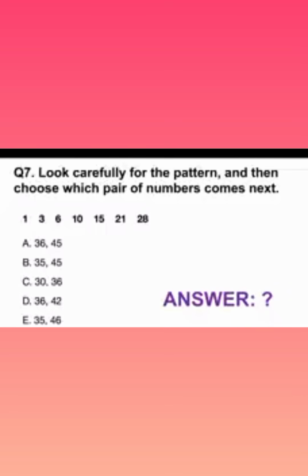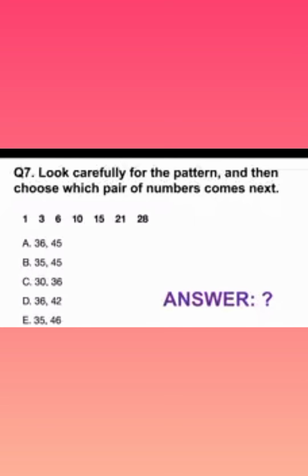Just put question 7 and your answer, either A, B, C, D or E. So the sequence is 1, 3, 6, 10, 15, 21, 28. Which pair of numbers, A, B, C, D or E, comes next in the sequence? Please put your answer in the comments box below.